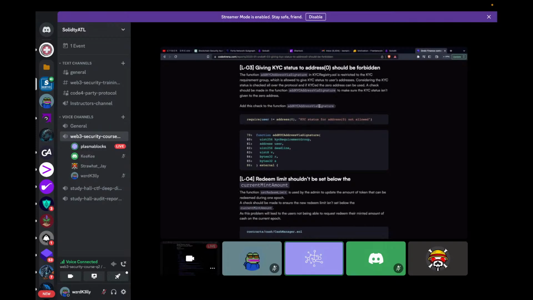But the zero address in Ethereum is something that someone can't actually own. Like you can't sign in with the zero address.